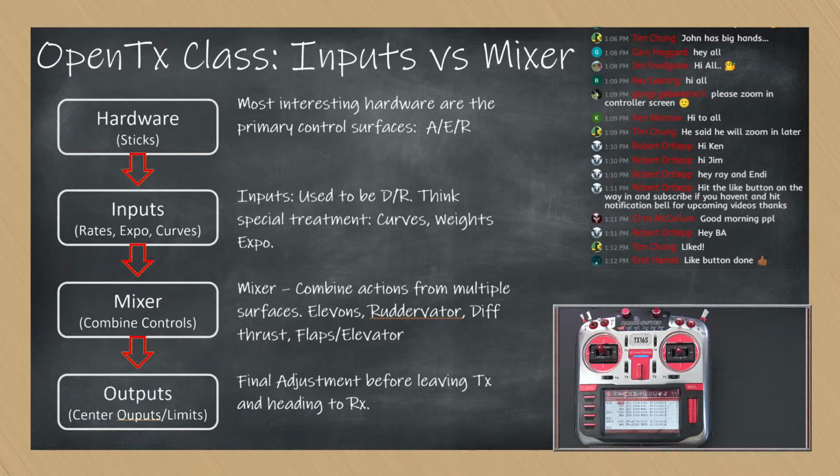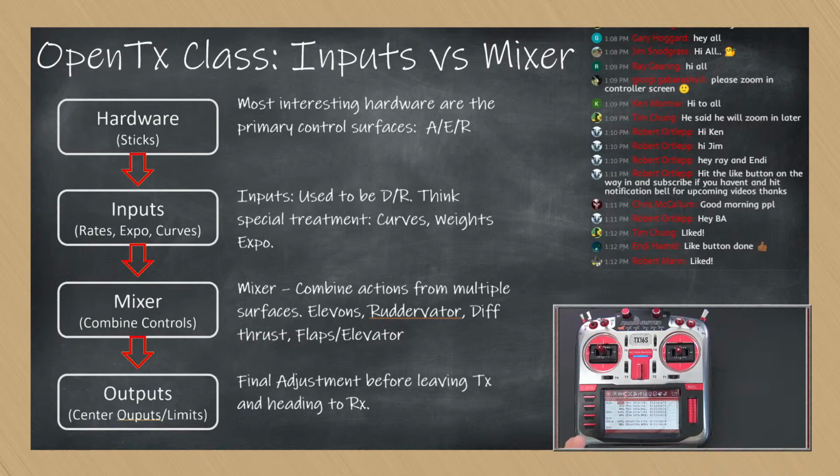And then the mixer, we combine surface movements and we assign a channel output for that particular device, that stick. And then finally on the output screen, we do things like center our outputs. We provide the upper and lower limits. And if we need to, we reverse servo travel.